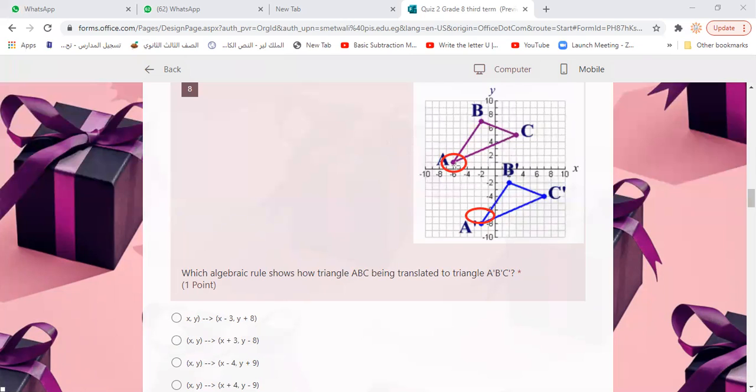Then it moves to the right. A was in this place, and then it becomes down. So we move to the right, like this, and then down.